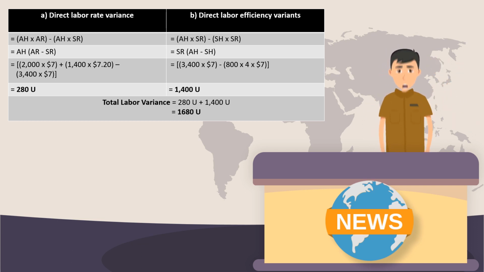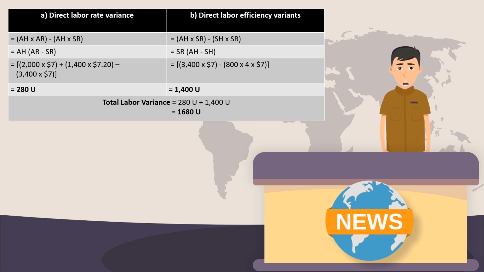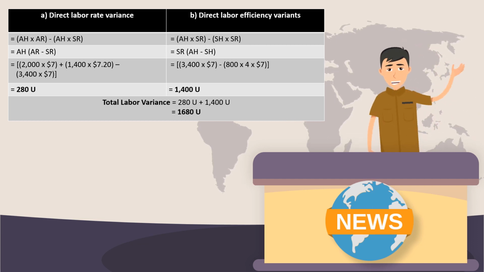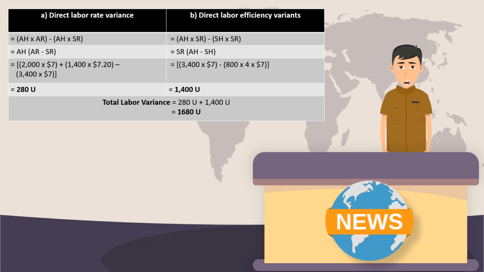Next, for question B, we need to subtract standard hour from actual hour, then multiply by standard rate. So we calculate that by 3,400 times 7 minus 800 times 4 times 7, and we get the answer, 1,400 unfavorable. So the total labor variance we get is 1,680 unfavorable.